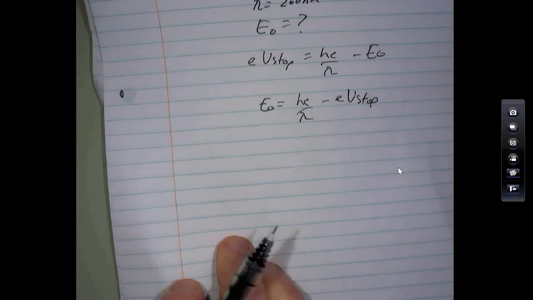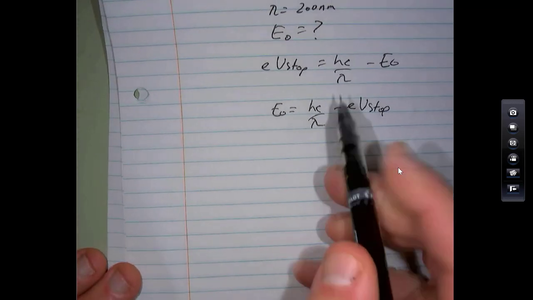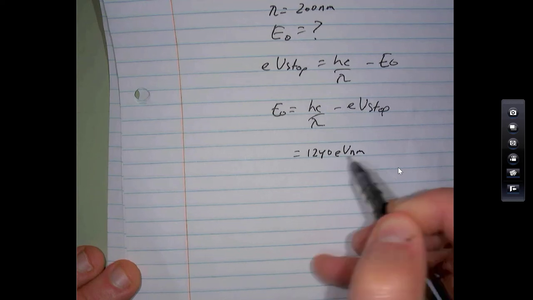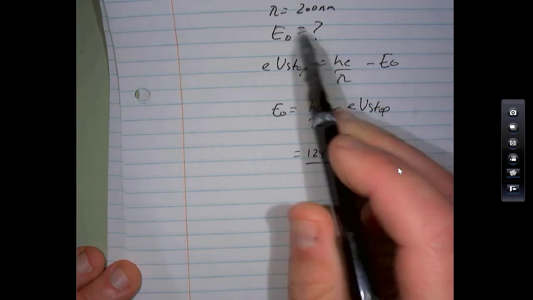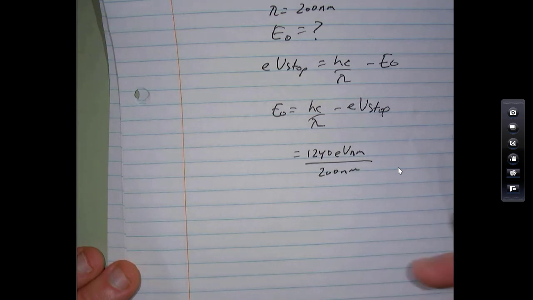So here's how I would do this part. H times C is 1240 eV nanometers, divided by 200 nanometers. That's the energy that the photon has. And then minus E times V stop.